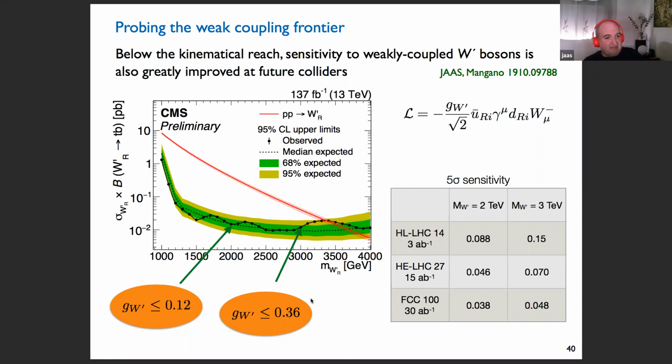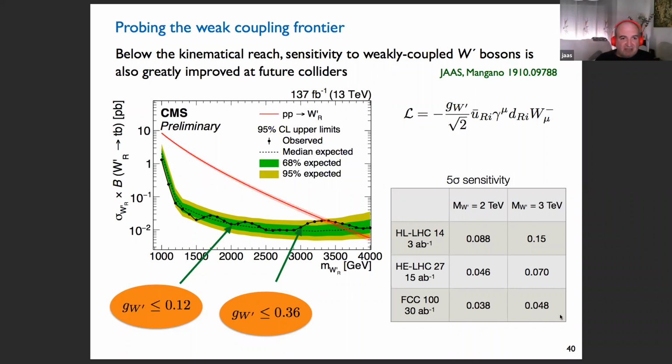So if the excluded values of the coupling from these CMS searches are these ones, well, you expect to have 5 sigma sensitivity of the values in this table at the high-luminosity LHC, high-energy LHC. This machine won't be built, but we have numbers for these two, and of course at FCC.